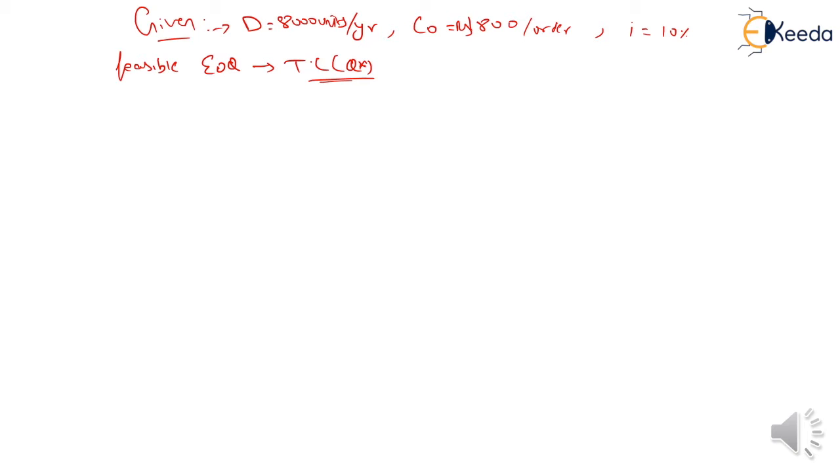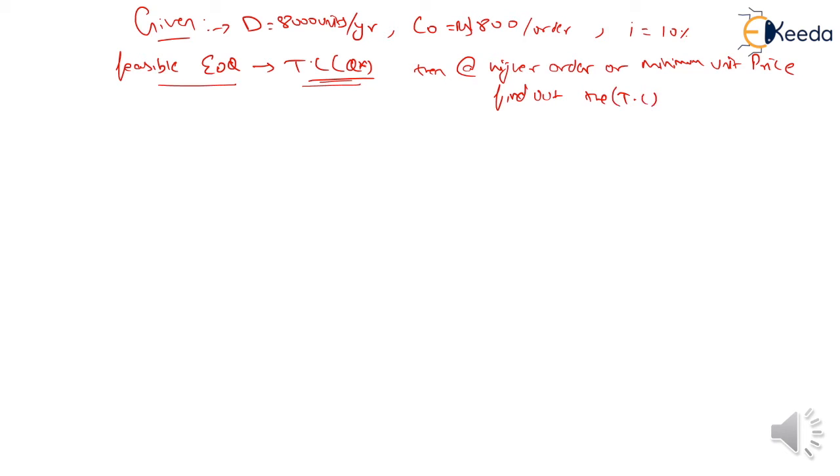After that the total cost is computed at this EOQ. Okay friends, first the feasible EOQ is determined, then the total cost at this EOQ is calculated, then at the higher order size, or the minimum unit price, find out the total cost.